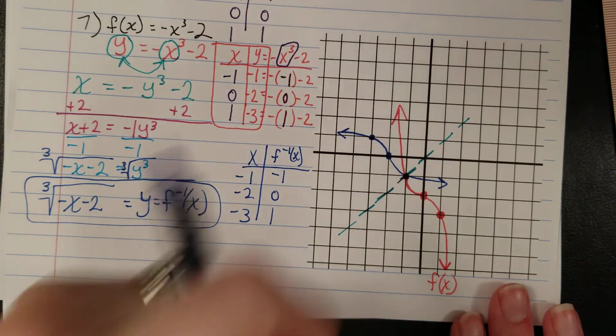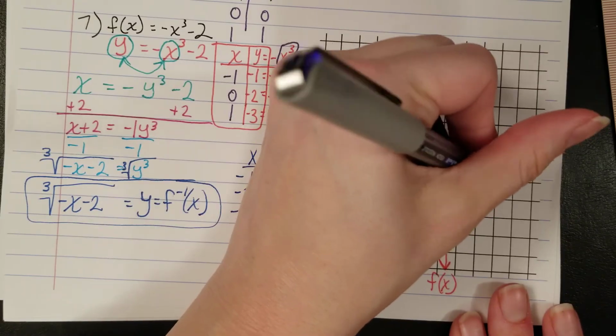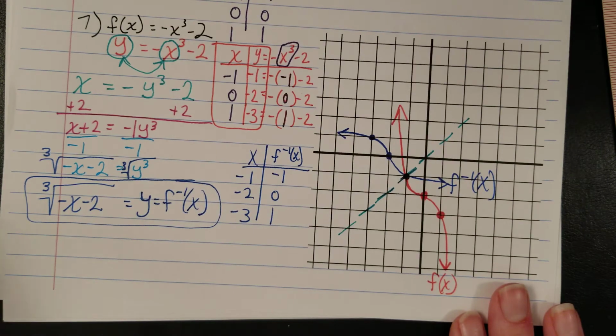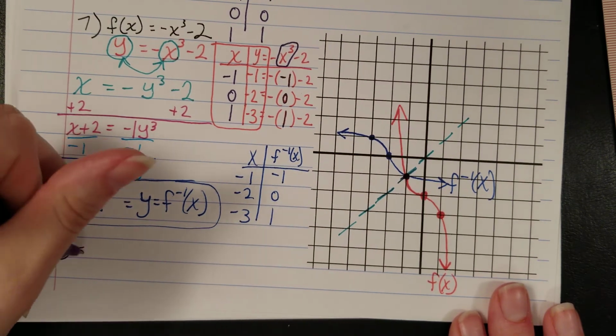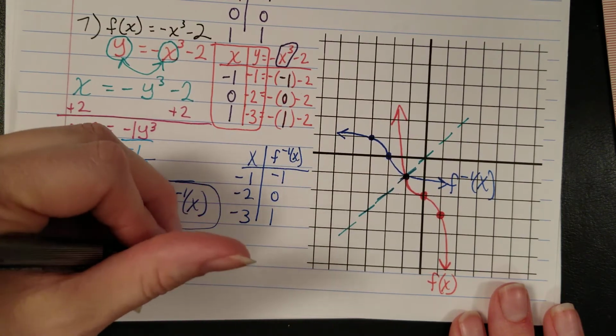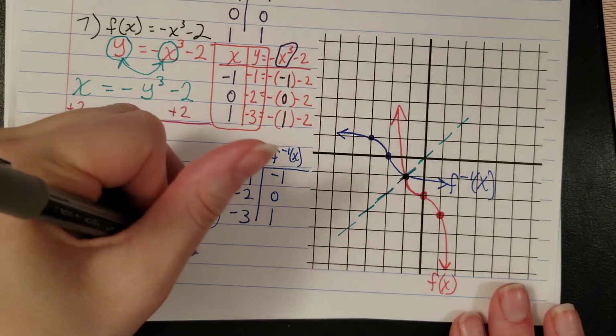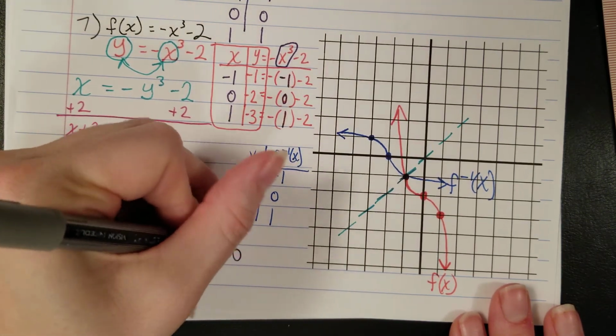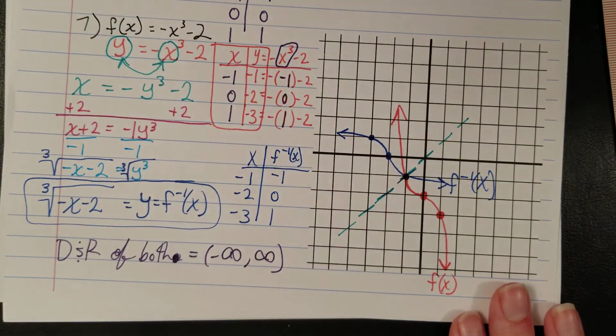Beautiful. As we can see, the domain and range of both is all real numbers.